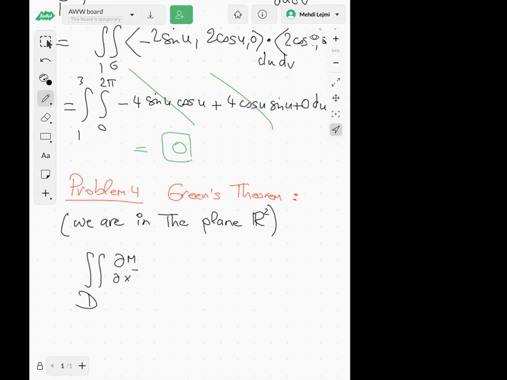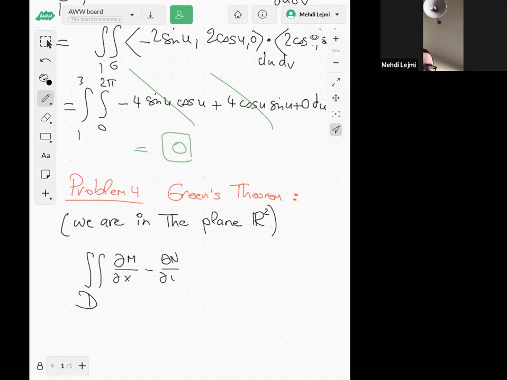Okay, let me just write down here dx dy. Your question is about how to find the domain for this double integral, right? So let me write down Green's theorem.